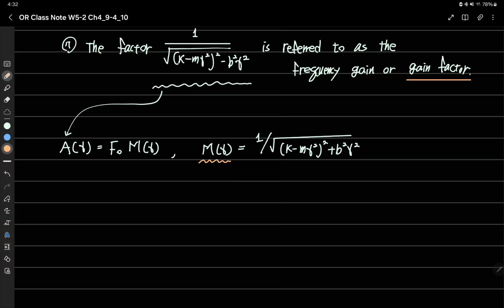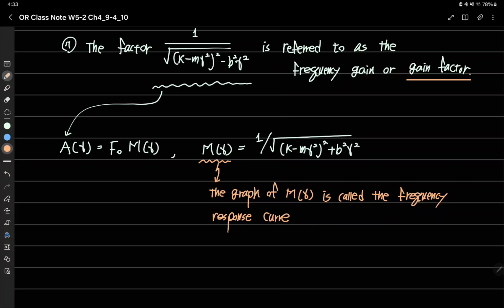That graph of M of gamma is called the frequency response curve, or just the resonance curve.